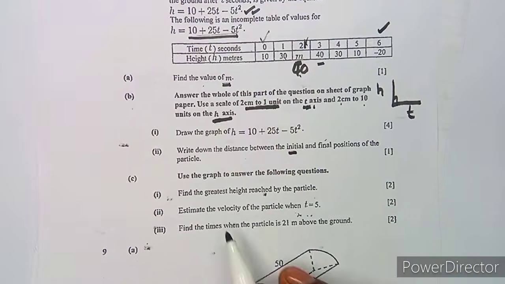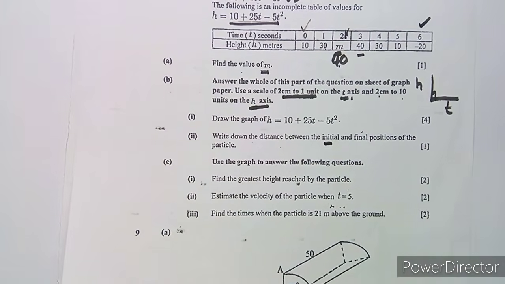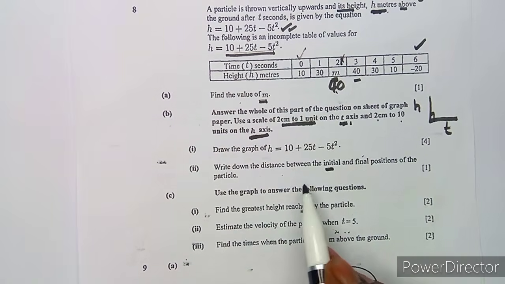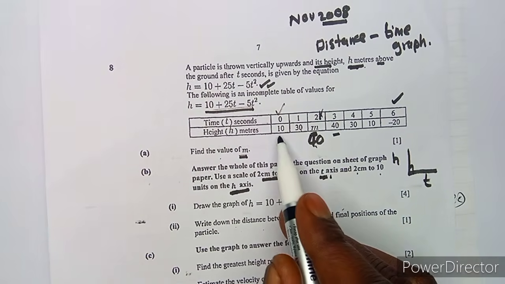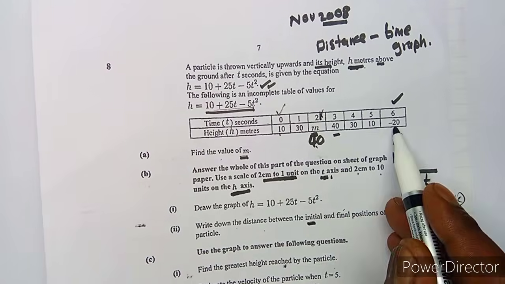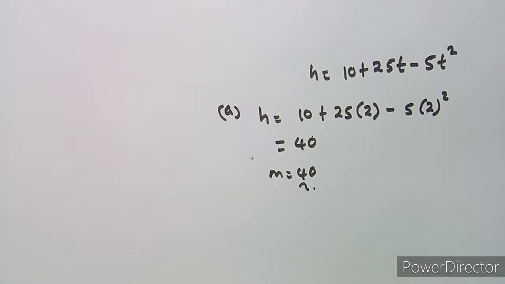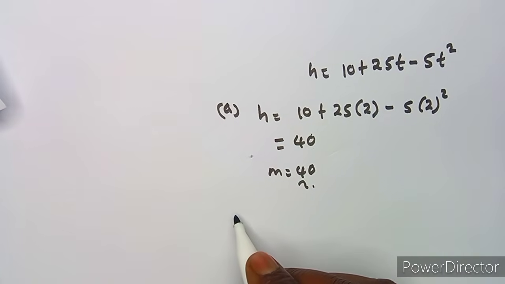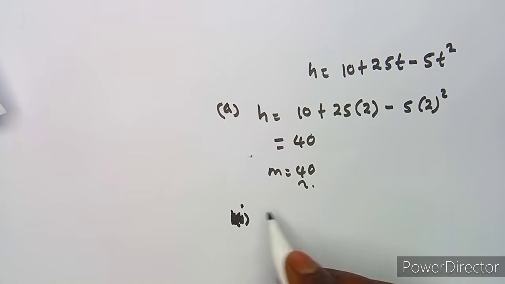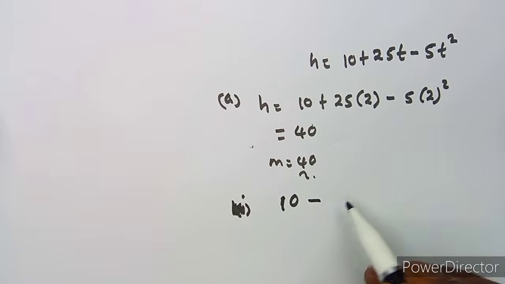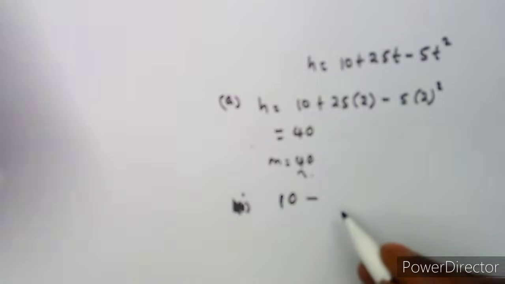So the question is, what is the distance between, which means we need to know the difference between these two, 10 and minus 20. So it is going to be 10 minus 20. This is B item 2. All right, so we are going to have 10, that is the first distance, minus the second distance, which is minus 20.